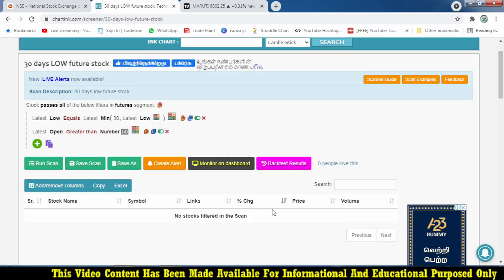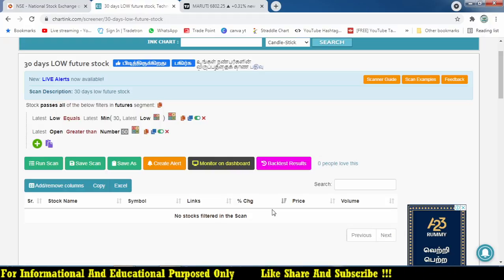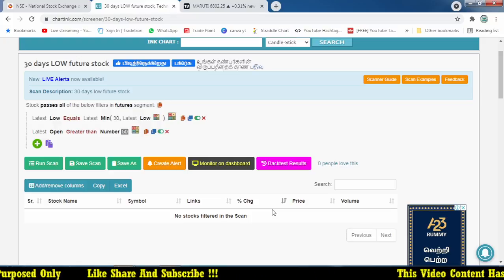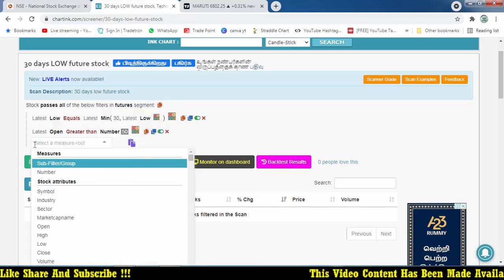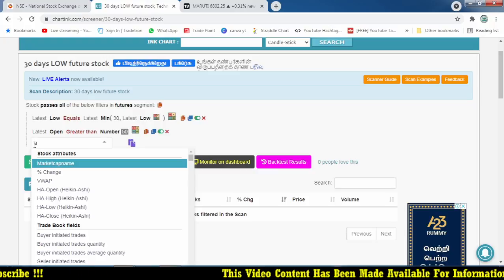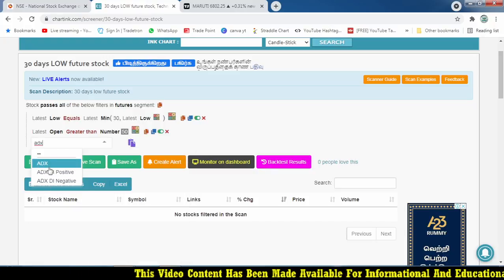If you find any trending stock which forms this kind of pattern, we may get such a great opportunity to make an intraday or positional trade. I will simply use the ADX.